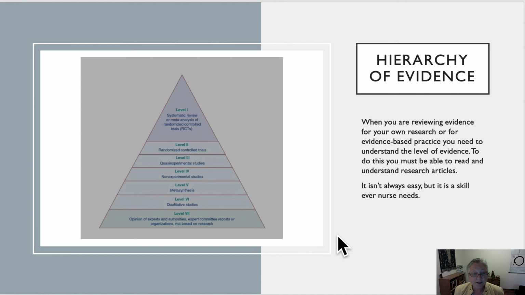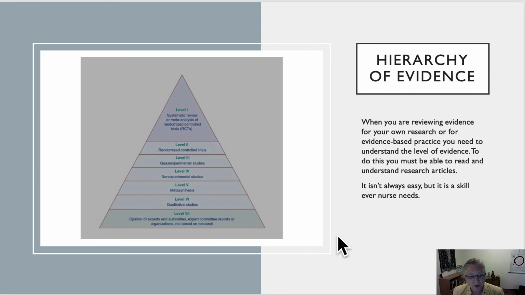So if you look at this hierarchy, it's going to tell you essentially which studies are given the most credibility. And you will notice that opinions of experts are pretty low on that level. Qualitative research is low. And then you start going up. A meta-analysis is higher.